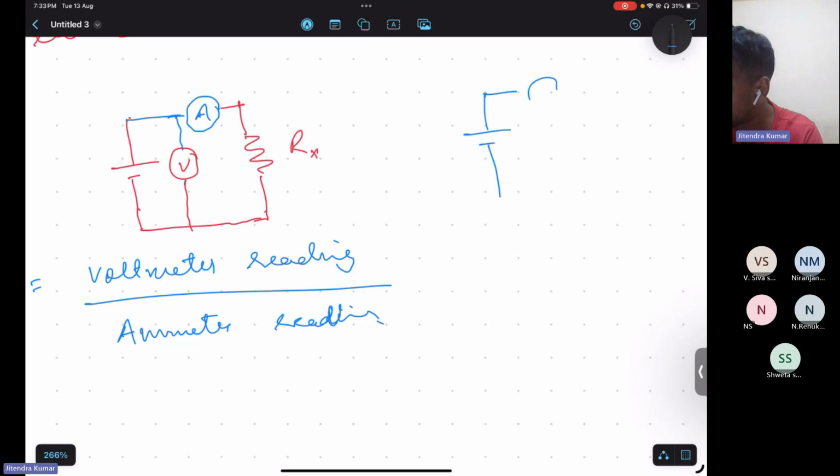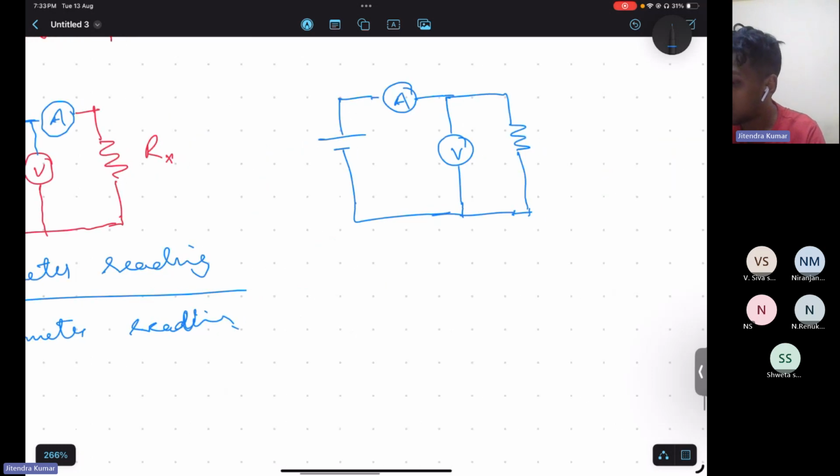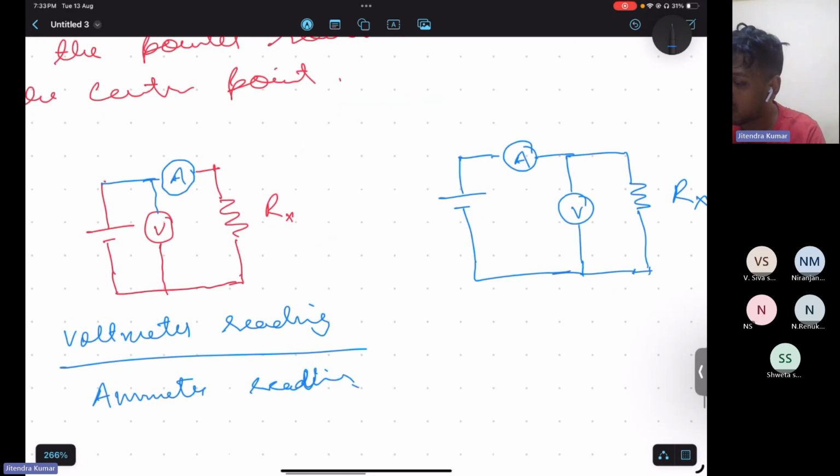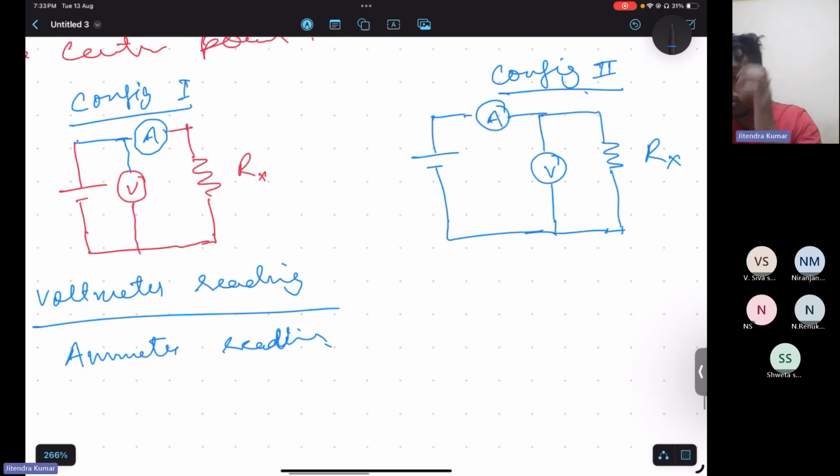Either you connect the ammeter before the voltmeter. So this is configuration 1. This is configuration 2. What will you choose, and when will you choose among these circuits?